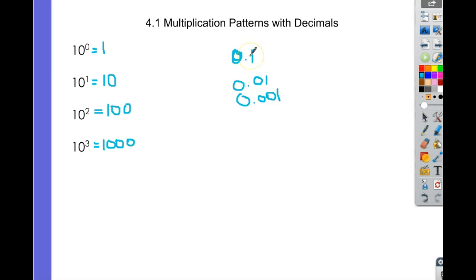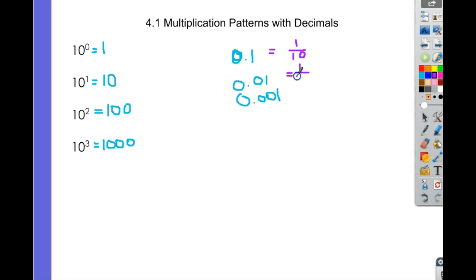Now, this is something that's really going to help you when we get started with fractions coming up soon. When you say this number, 1/10, that's actually going to show you exactly how you would write it as a fraction. Let me change the color here so you can see. So 1/10, how would you write that? You would write it 1/10. And it still equals the same thing, but we're writing it as a fraction instead of a decimal. 1/100th would be 1/100.